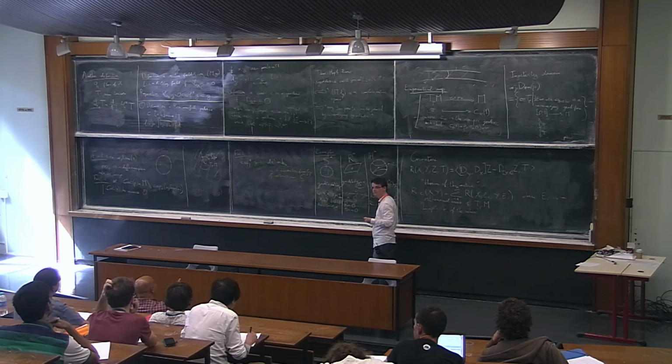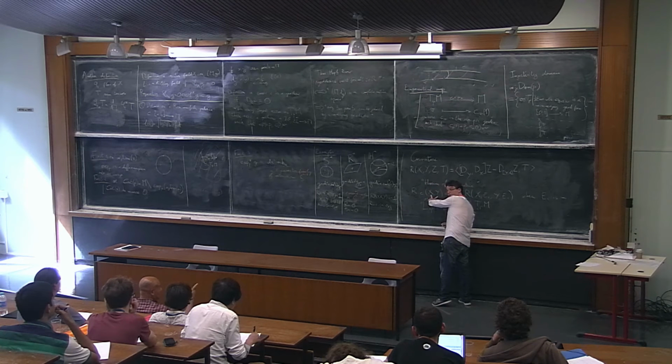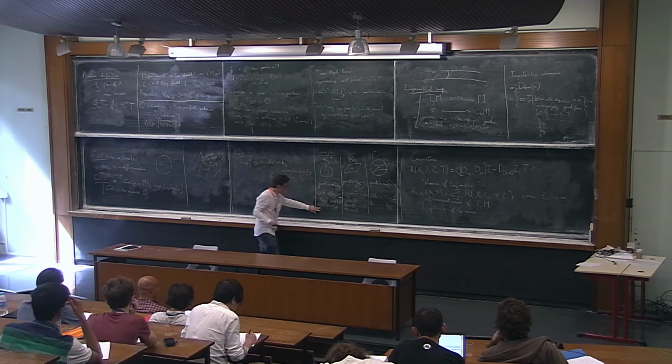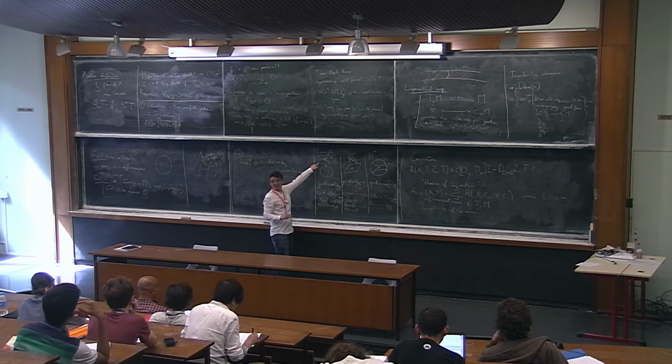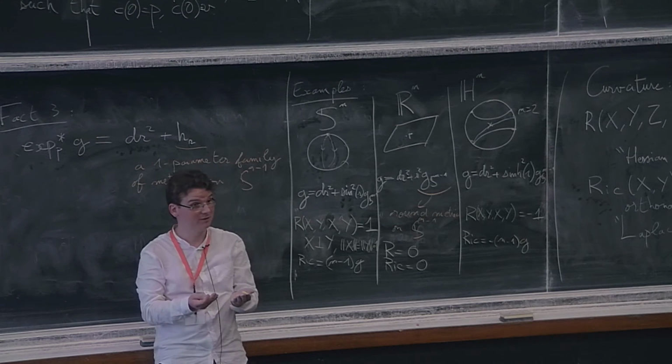How does g appear in this formula? Okay. So here, Ricci takes 2 vectors, so it's a bilinear form. And g is the Riemannian metric here. The Riemannian metric is a bilinear form.